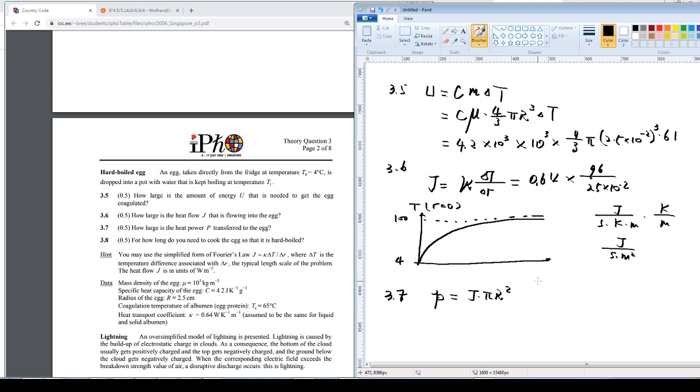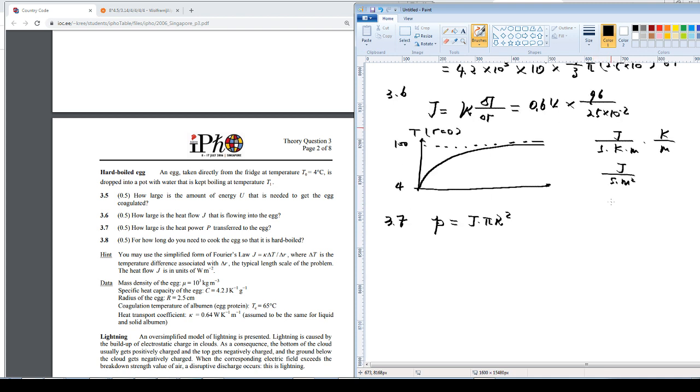This will give us the joules per second. So in a sense, the previous one is like the power density or intensity of the heat, the intensity of heat going into the egg. How come you don't choose 4 pi r squared? Oh yes, I should use 4 pi r squared because it's spherical.